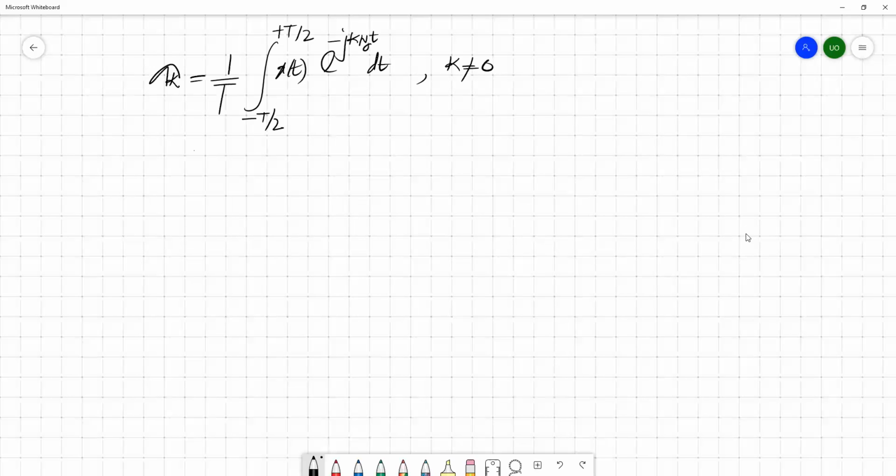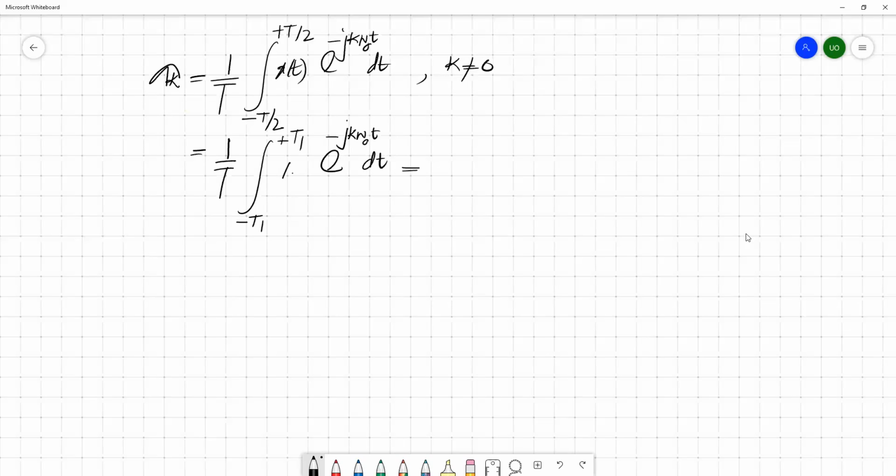Once we simplify this, the integral becomes the integral of 1 times e to the power minus j k omega naught t dt.